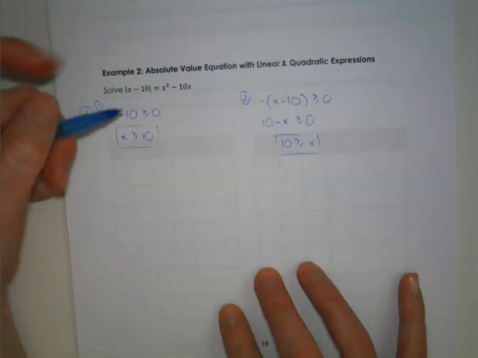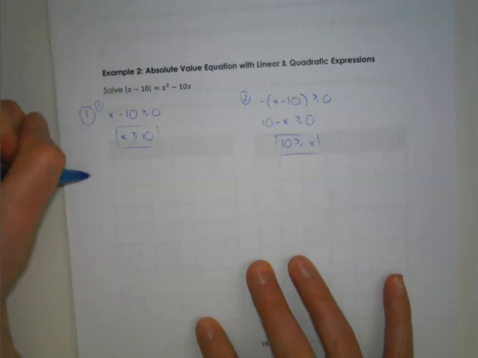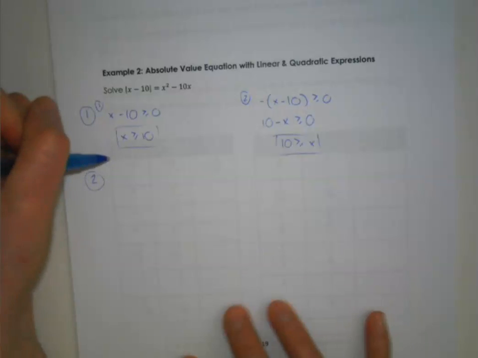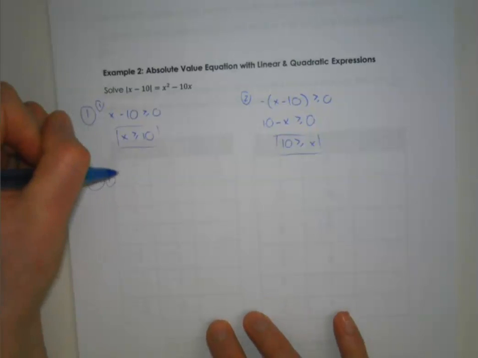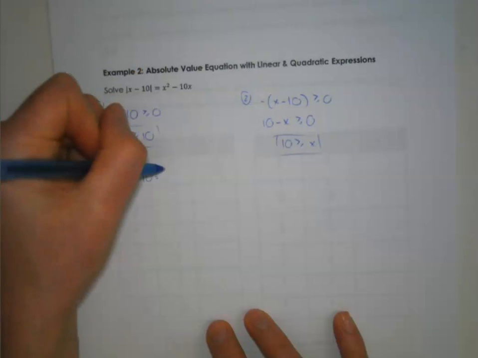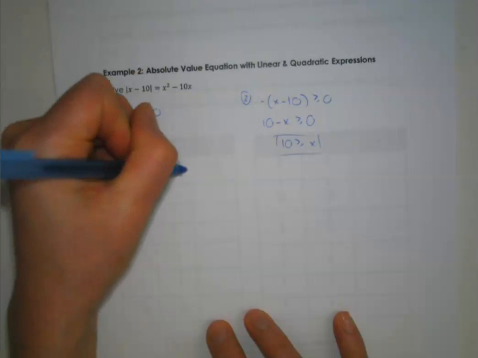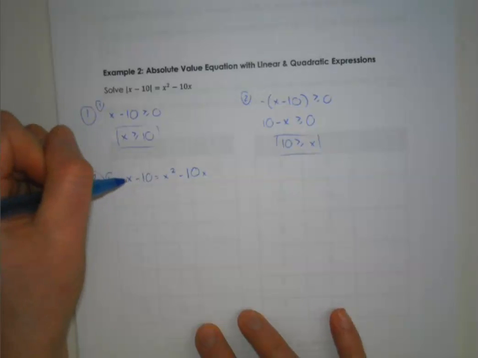Now we can go in and start solving our absolute value equations. So this is going to be our second step, solving. For case number 1, that means we have x minus 10 equal to x squared minus 10x. Again, we want to move everything onto the same side so we can factor it like a quadratic.